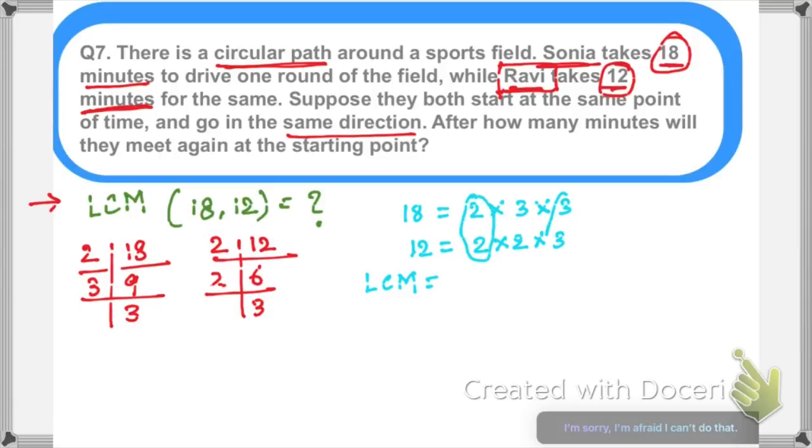These 2 and these 3 are common, so we will write a single 2 and single 3, and this 3 will be placed here and this 2 will be placed here. So you will get the answer as 36. So after 36 minutes they will meet again at the starting point. Thank you.